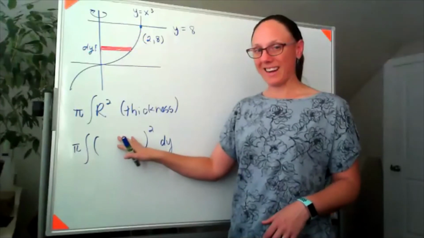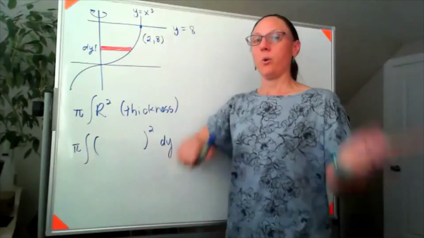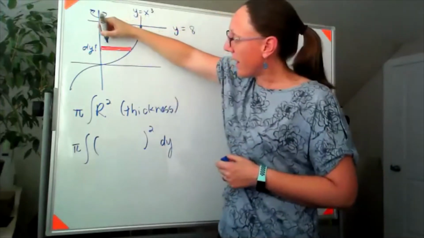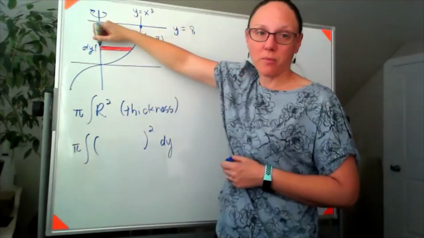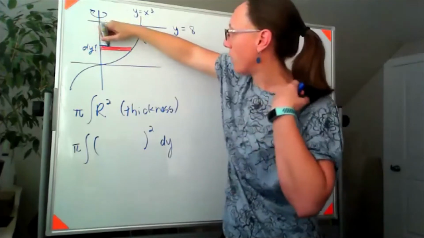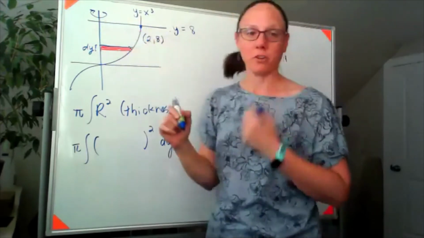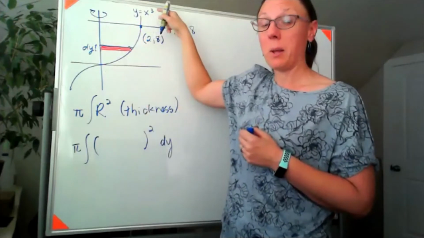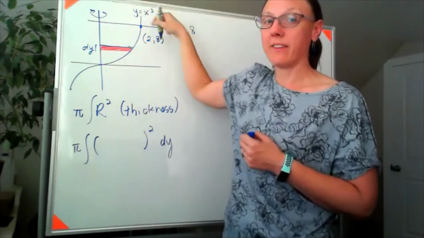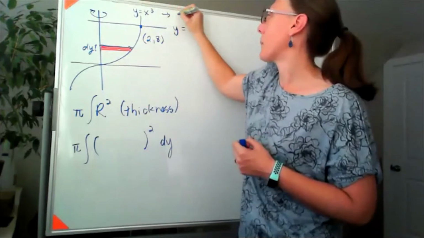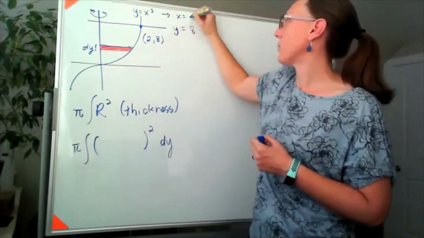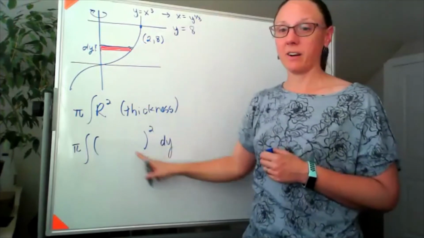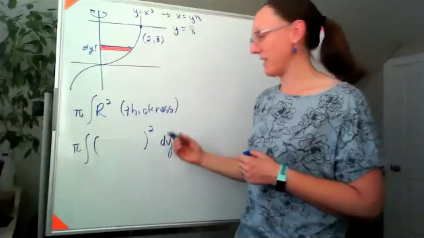Since there should be y's in here, when I go to write my radius, and I'm thinking about the distance from the y-axis out to the edge of my arbitrary cross section, I know that it's hitting this curve, but I'm going to have to rewrite the equation for this curve to say x equals y to the 1/3 power, because what goes in here has to be something that matches that dy.